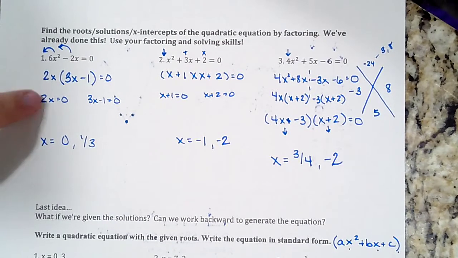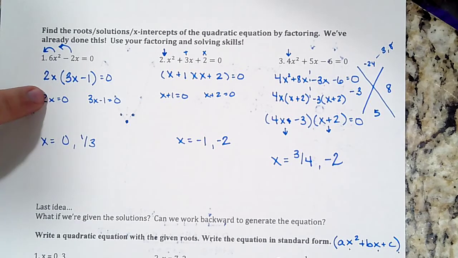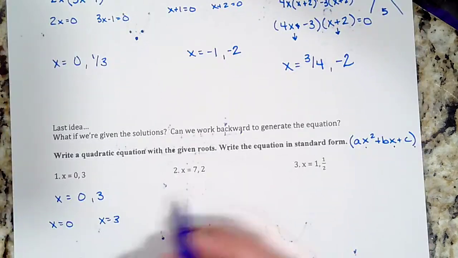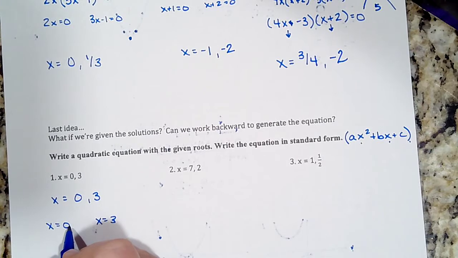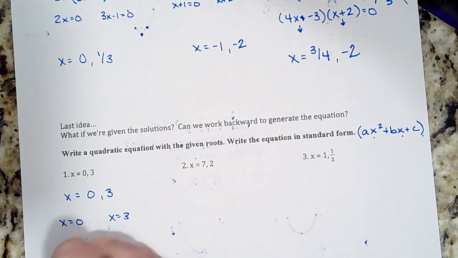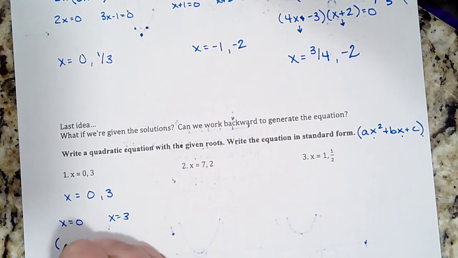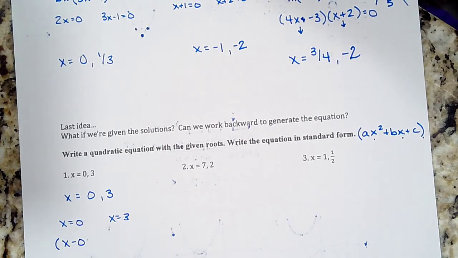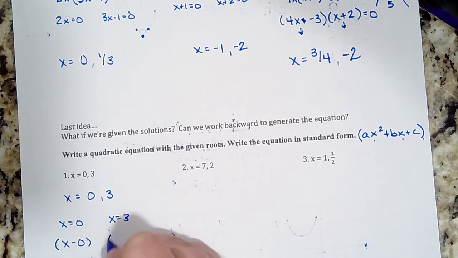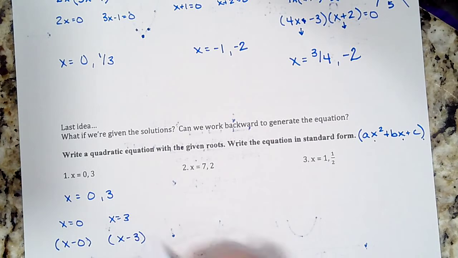From there, I know that I usually go from parentheses down to a solution. This time I have to go the other way. So to get these into a parenthesis form, I'm going to move that 0 over, and I'm going to say this one is x minus 0, and this one is x minus 3.